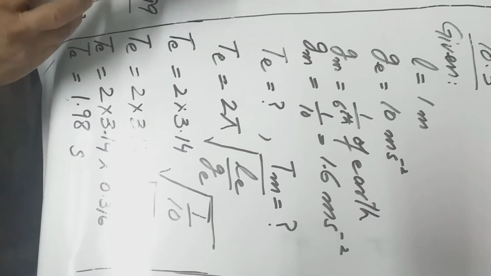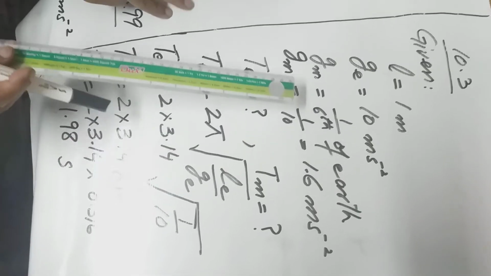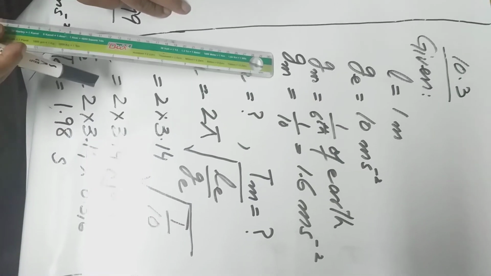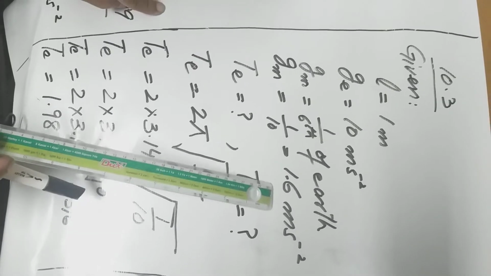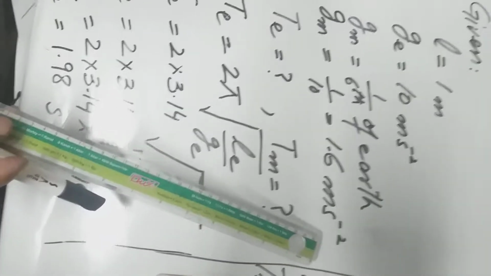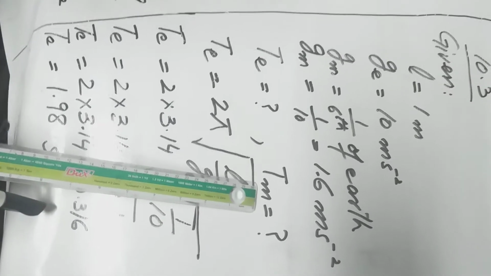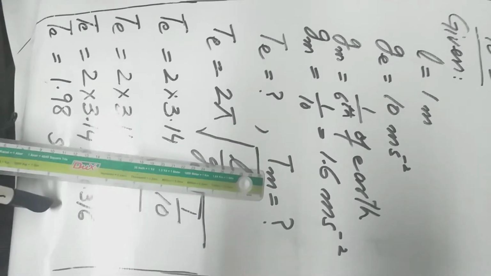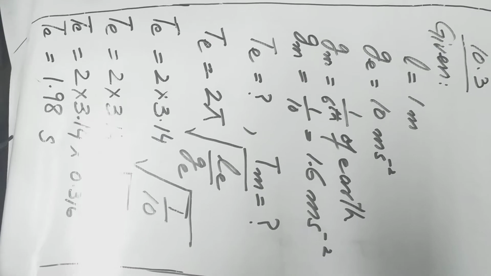Now acceleration due to gravity on earth is 10 meter per second square and acceleration due to gravity on moon is 1.6 meter per second square. So we have to find the time period on earth as well as the time period on moon of simple pendulum.